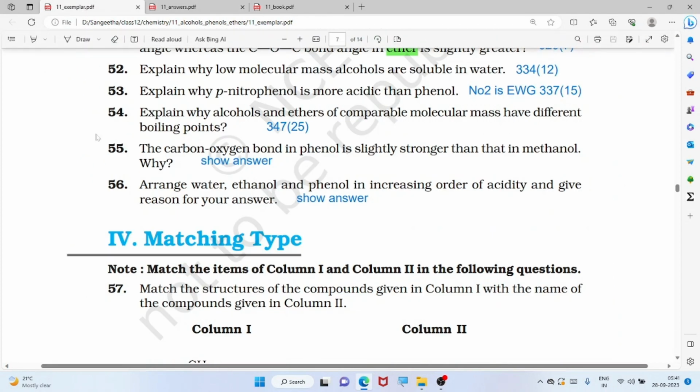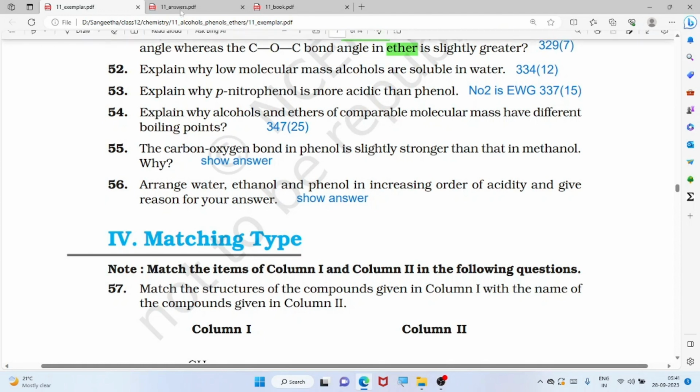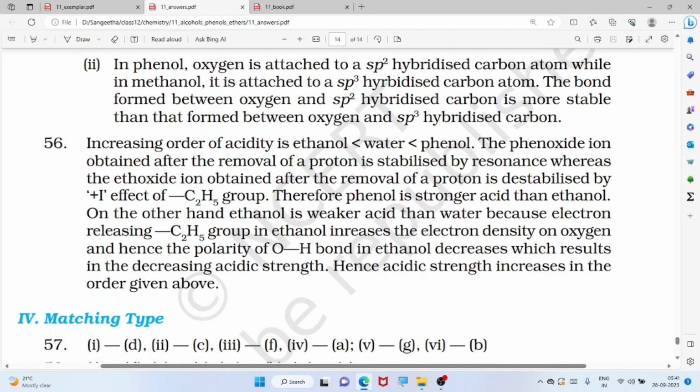Arrange water, ethanol and phenol in increasing order of their acidity and give the reason. Water is more acidic than alcohol, ROH. Phenol is more acidic than water. Water is more acidic than ethanol. So in increasing order: ethanol, then water, then phenol.